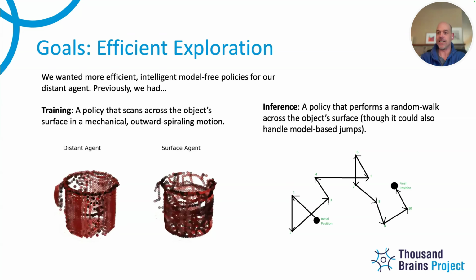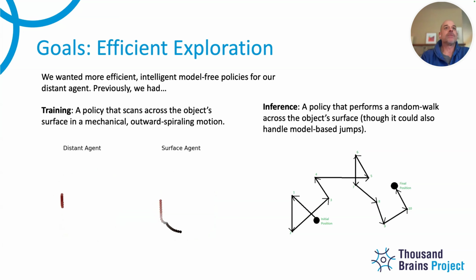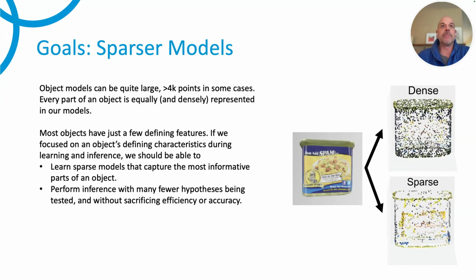You could be randomly walking around some patch of a cup, for example, and you've got 10 cups that look just like it, and you want to be able to go to the place that's going to help you distinguish between these objects. So that's one aim of this.